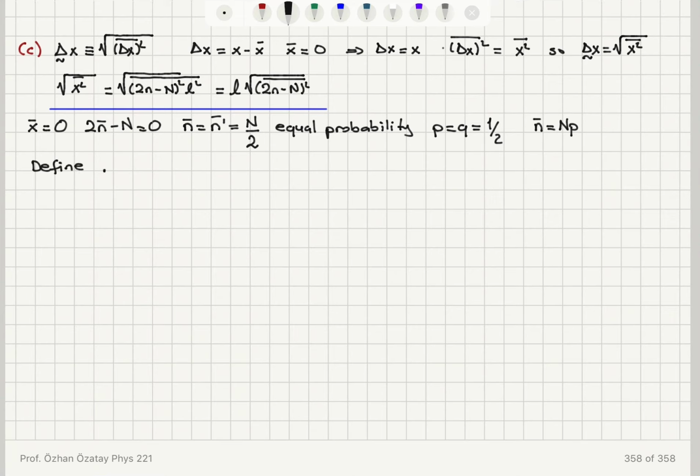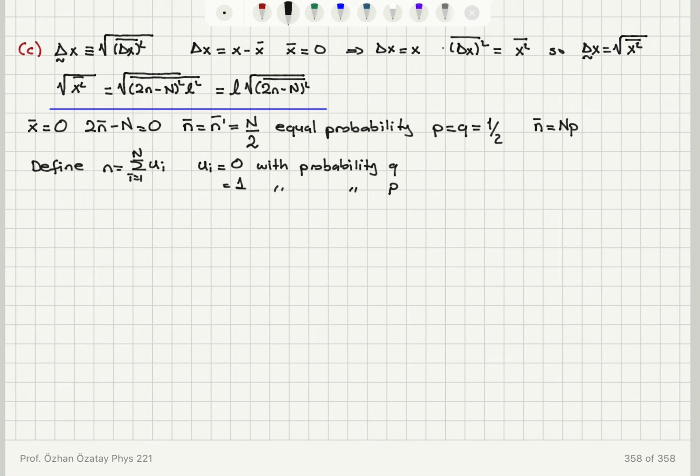as a summation over i from 1 to N of Ui, where Ui is 0 with probability Q and 1 with probability P. So Ui is a number for the ith step. It can be a step to the right, or it can be no step to the right.